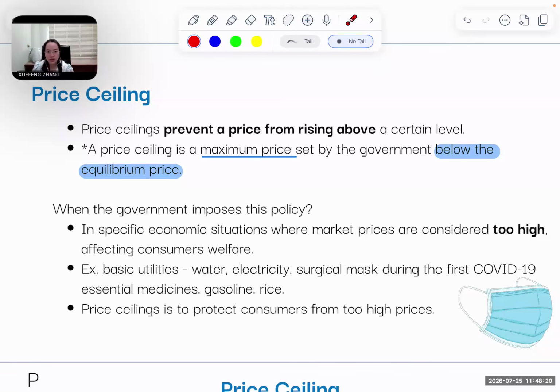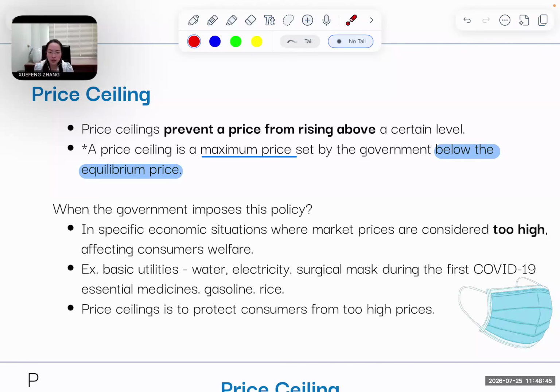But here's the question I want you thinking about before the next slide. We just spent a whole lecture proving that when price is pushed below the equilibrium, something specific happens. What was that? If the price is below the equilibrium price, what will we have?